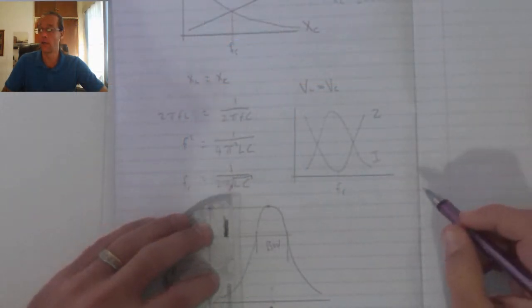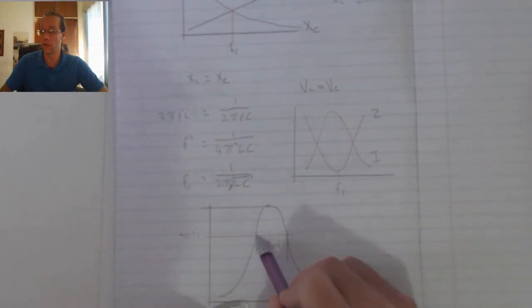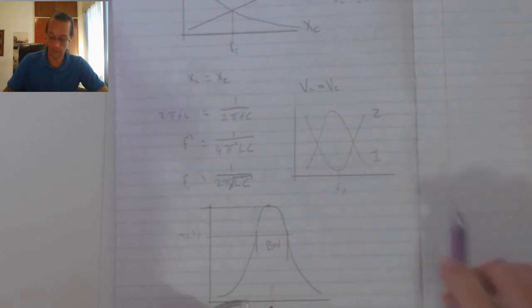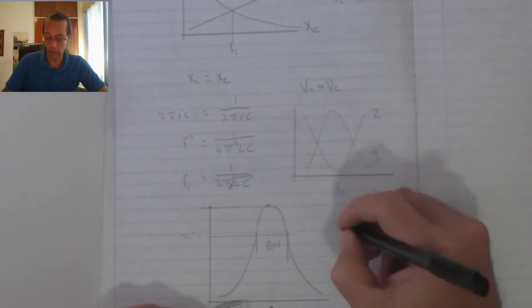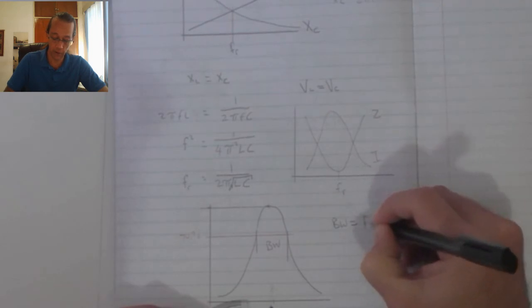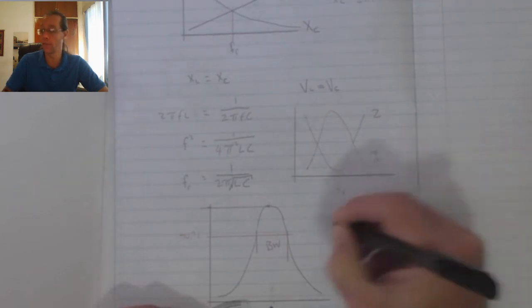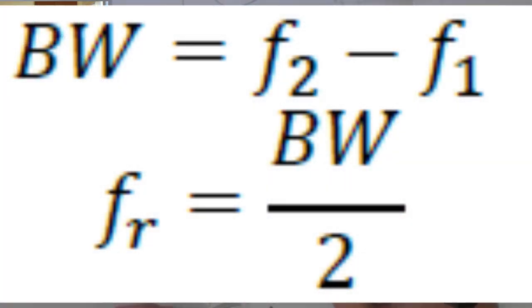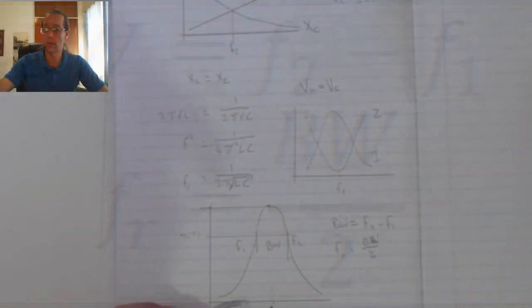Bandwidth is between my lower frequency and my high frequency, and that is determined by the formulas. Bandwidth equals F2 minus F1. That's F2 over there, and that's F1 over there. And my resonant frequency is my bandwidth divided by 2.